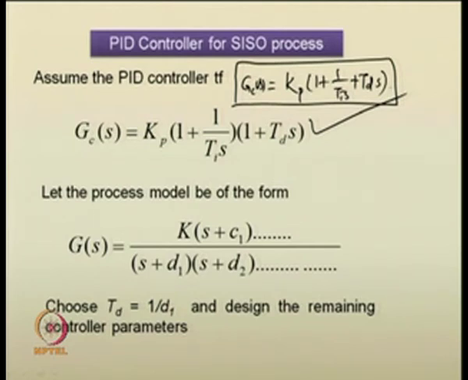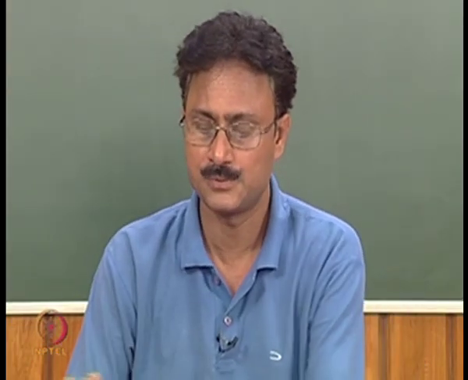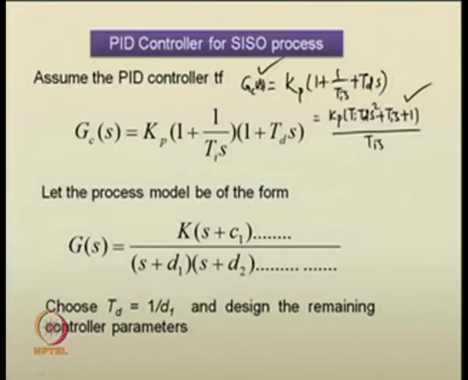If you simplify this, it gives us an expression in the form of Kp times (Ti Td s square plus Ti s plus 1) upon Ti s. So, from this expression we say that the transfer function of the parallel form PID controller introduces two zeros in the closed loop system and one pole at the origin.